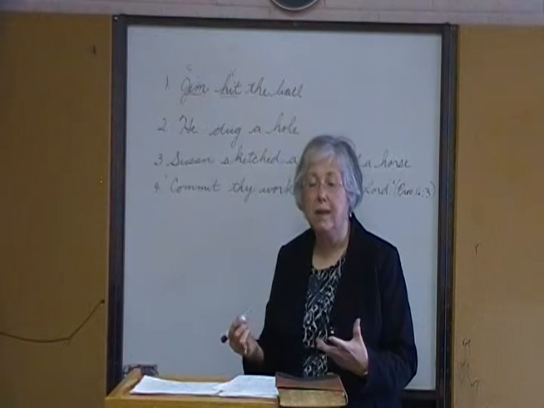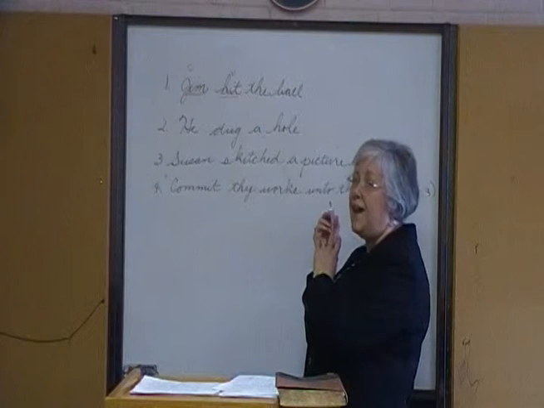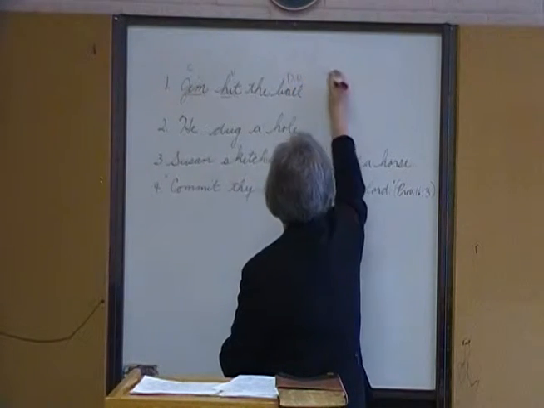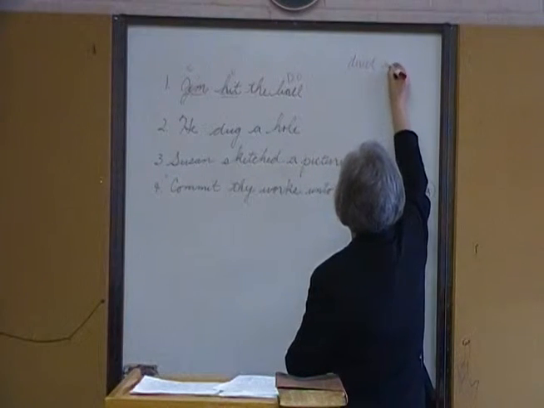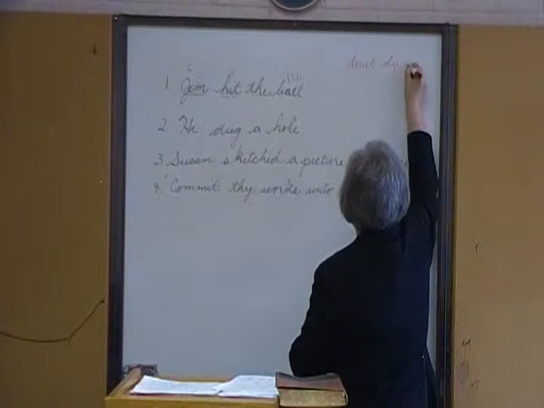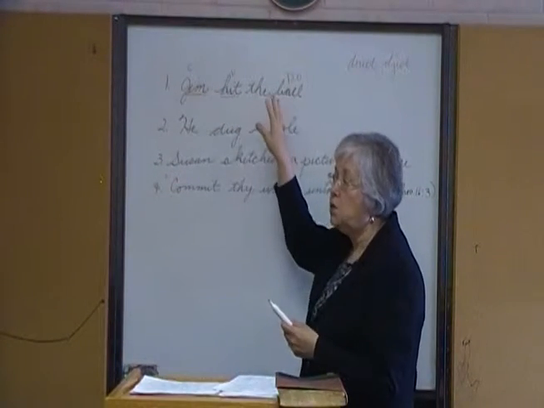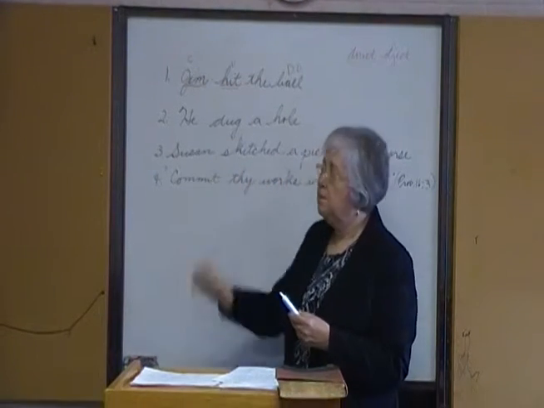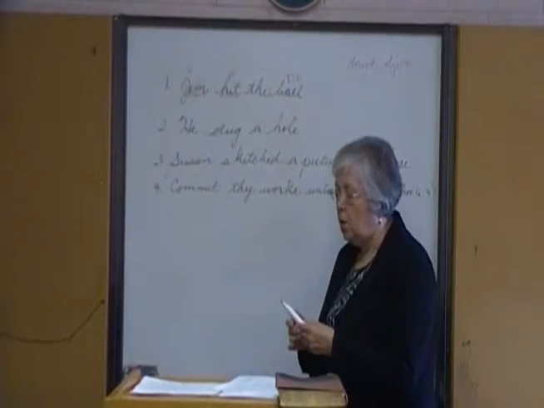Ball. Ball is our direct object. It's receiving the action, hit. So ball is the direct object. So we're going to be doing the direct object. Those 3 words will make sense together. Jim hit ball.